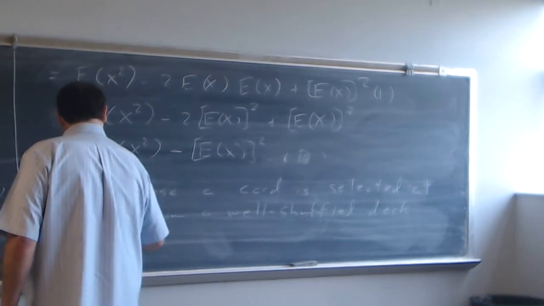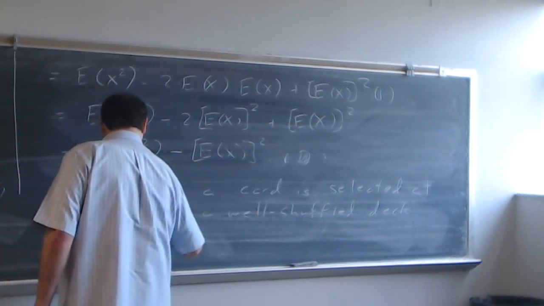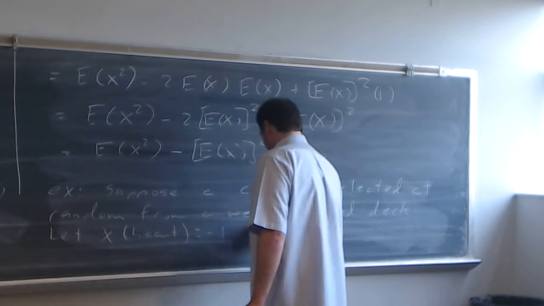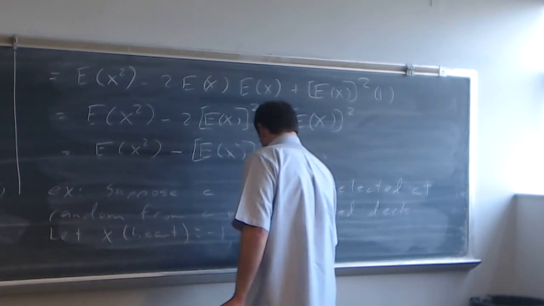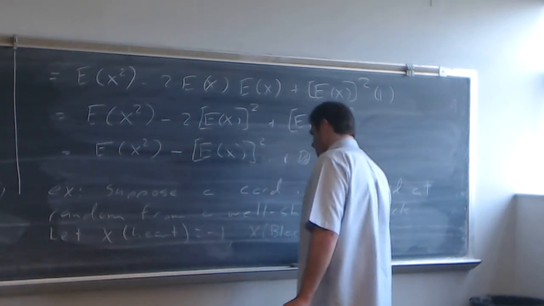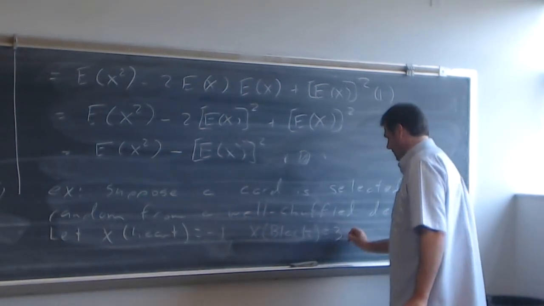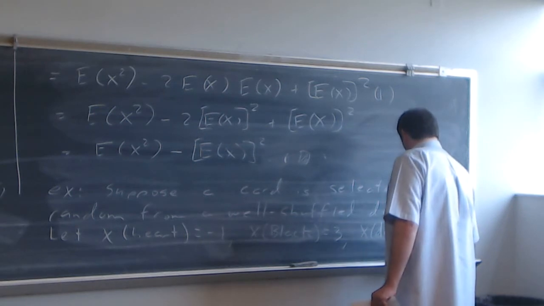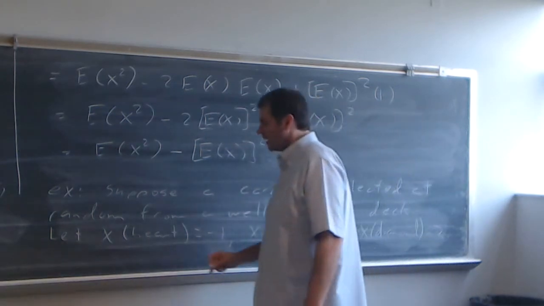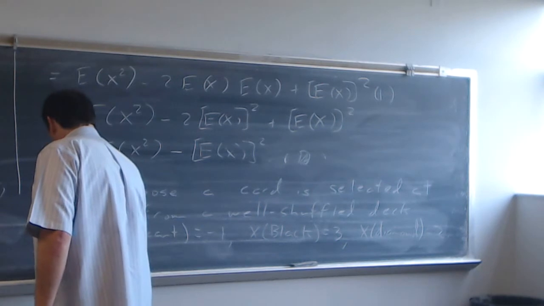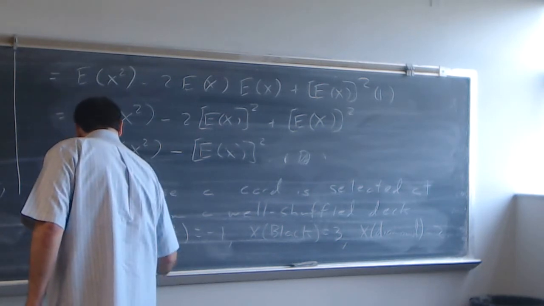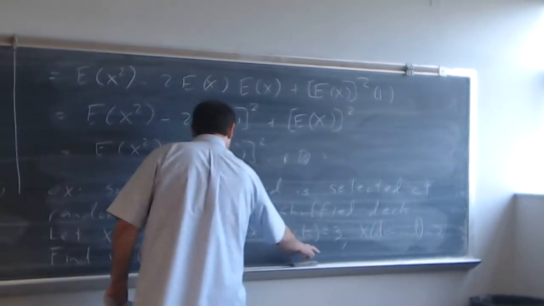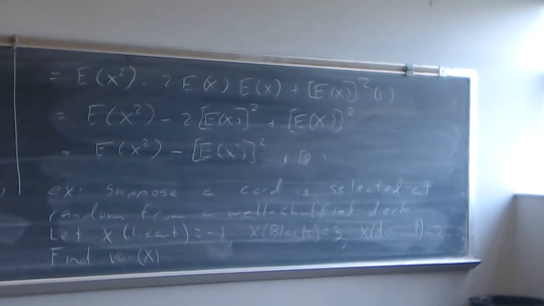Let X of a heart be equal to -1, X of a black card be equal to 3, and X of a diamond be equal to 2. Maybe we're asked to find the variance of X, some measure of spread for this discrete random variable.